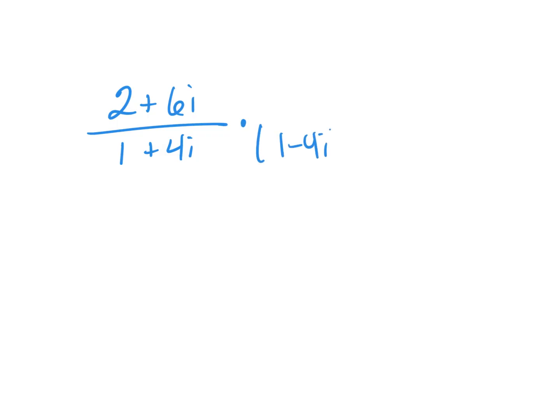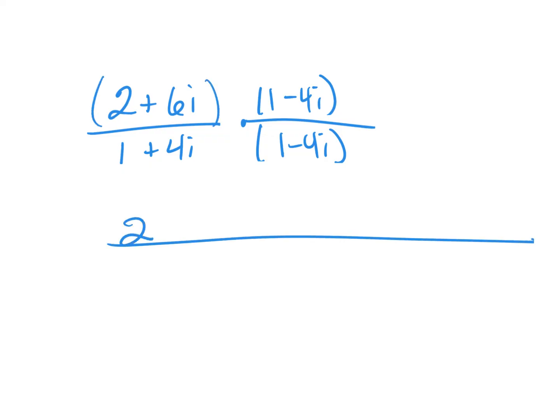All right, so let's do 2 plus 6i over 1 plus 4i. All right, so what's my first step going to be, Morgan? You're going to get the conjugate. 1 minus 4i. Multiply the conjugate by the top and bottom. FOIL out the top. Should be 4 pieces. 2 minus 8i plus 6i minus 24i squared.